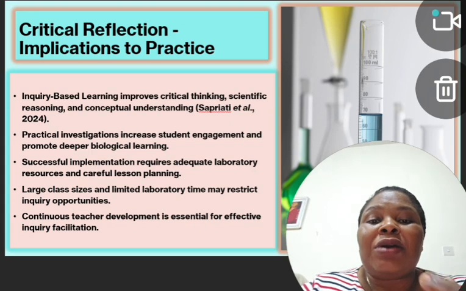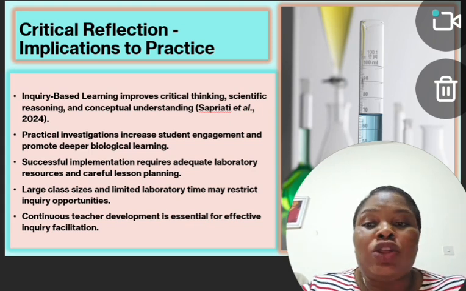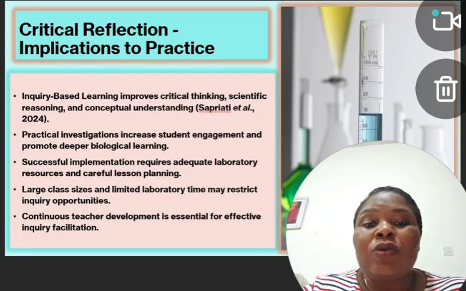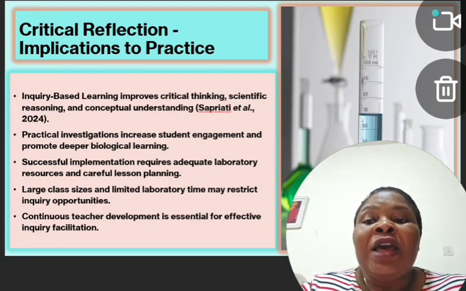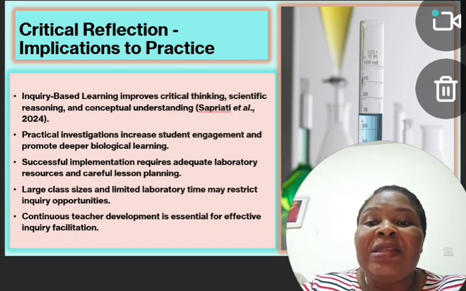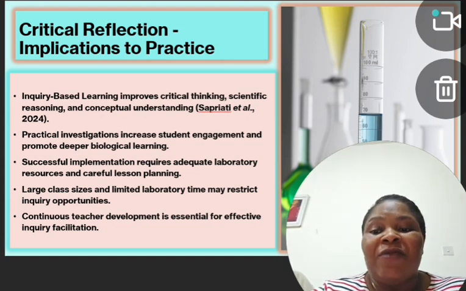Now let's take a look at the critical reflection and implications for practice. There are numerous educational benefits to implementing inquiry-based learning, along with some implementation challenges. We have no doubt about that. First, in the benefits, it helps to develop critical thinking, reasoning, and promote active involvement.